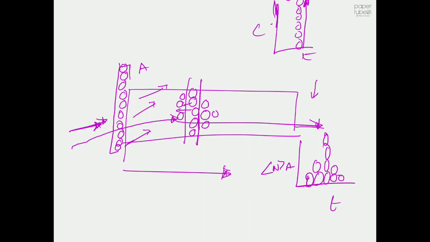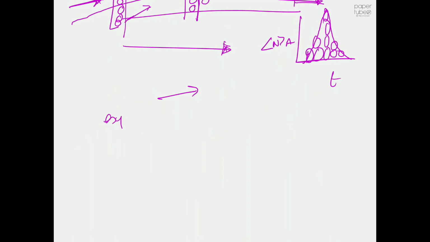So if you connect them, you will get a Gaussian distribution. So the experimental outcome from a chromatographic experiment will always have a Gaussian distribution.